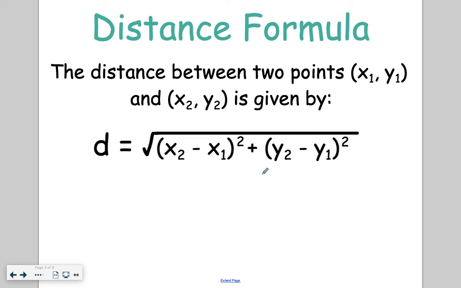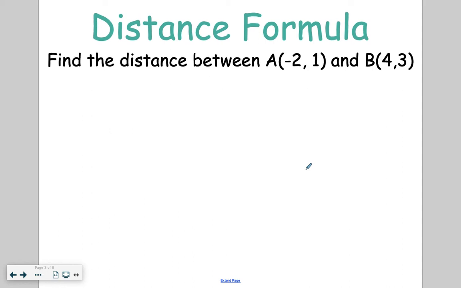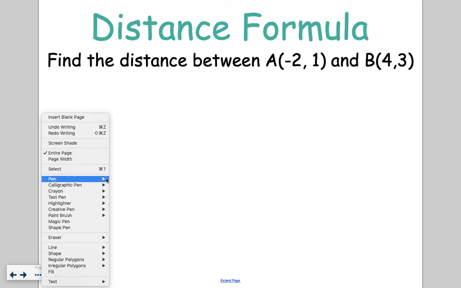I realize this looks like a pretty complicated formula right now, but when we actually start using it, it is very straightforward. So if we're finding the distance between point A, which is at (-2, 1), and point B, which is at (4, 3), we're going to use that distance formula, which I'm going to write here just quickly for your reference.